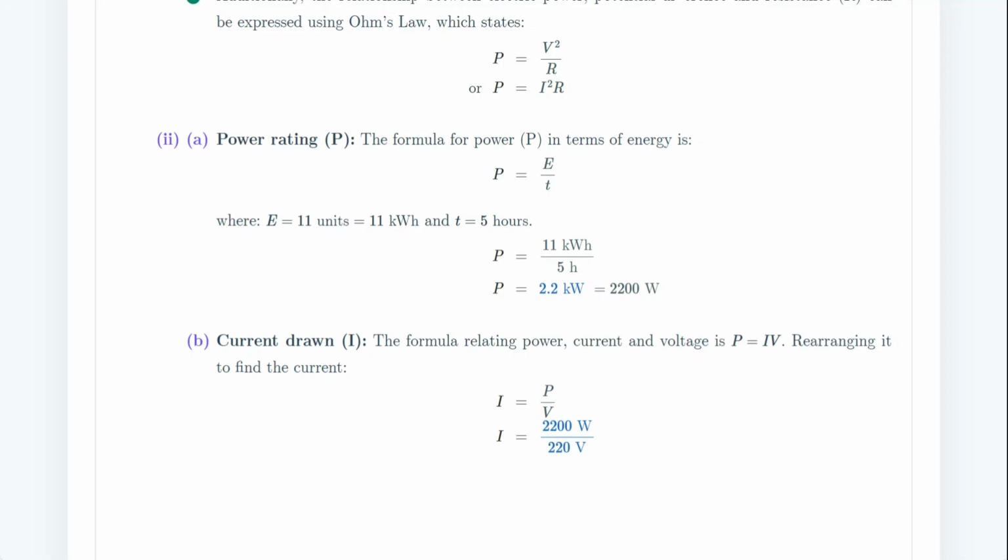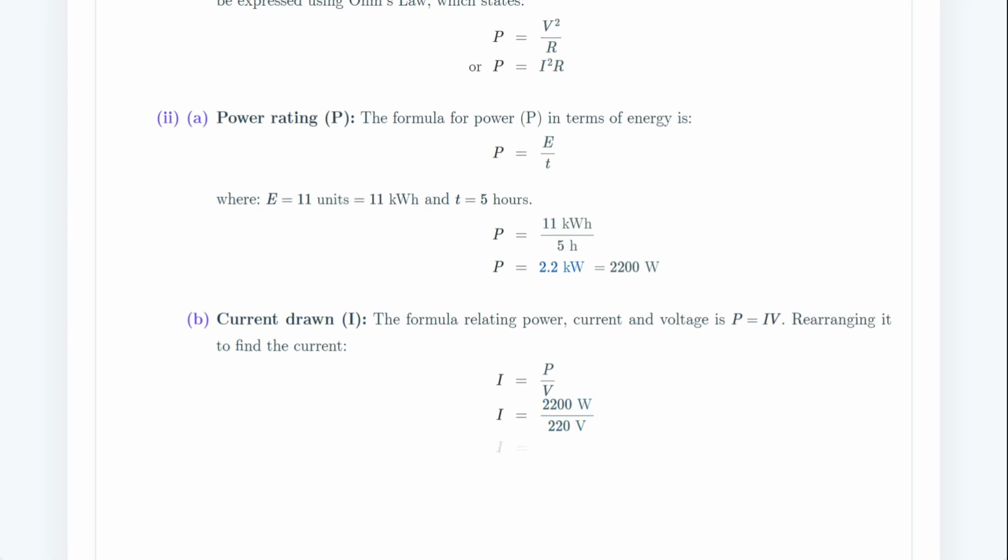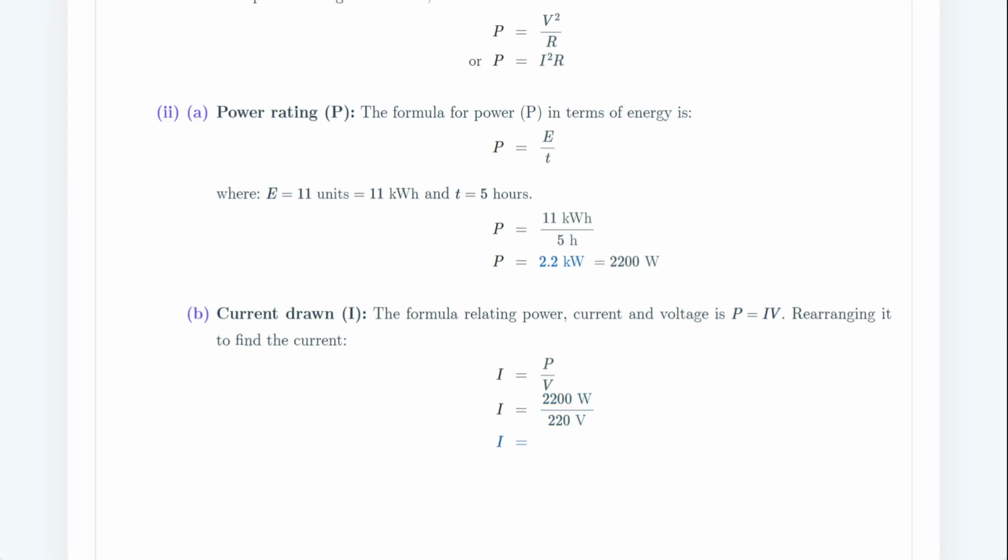Our power is 2200 watts divided by the mains voltage of 220 volts. 2200 divided by 220 is a nice, clean calculation, giving us exactly 10 amperes. That's a fairly high current, which is why ovens need thick wires.